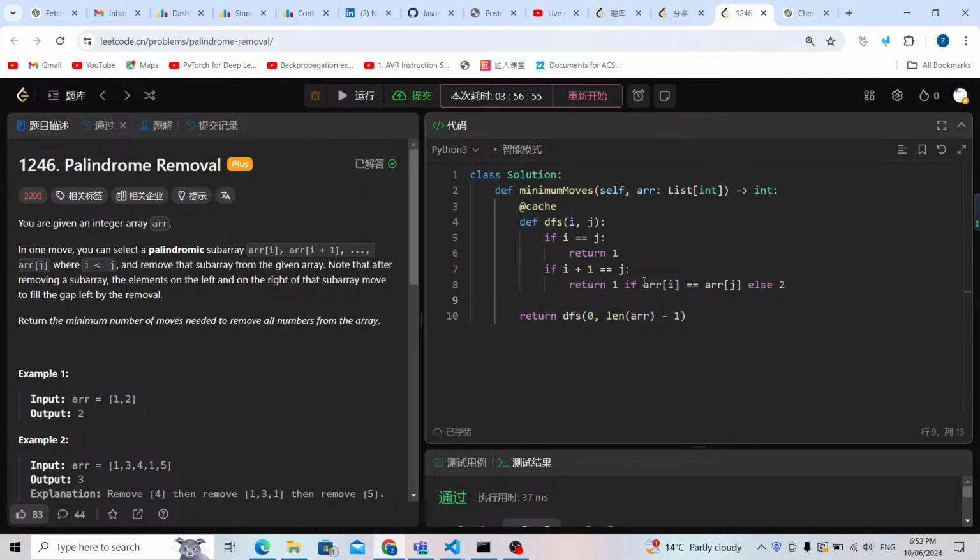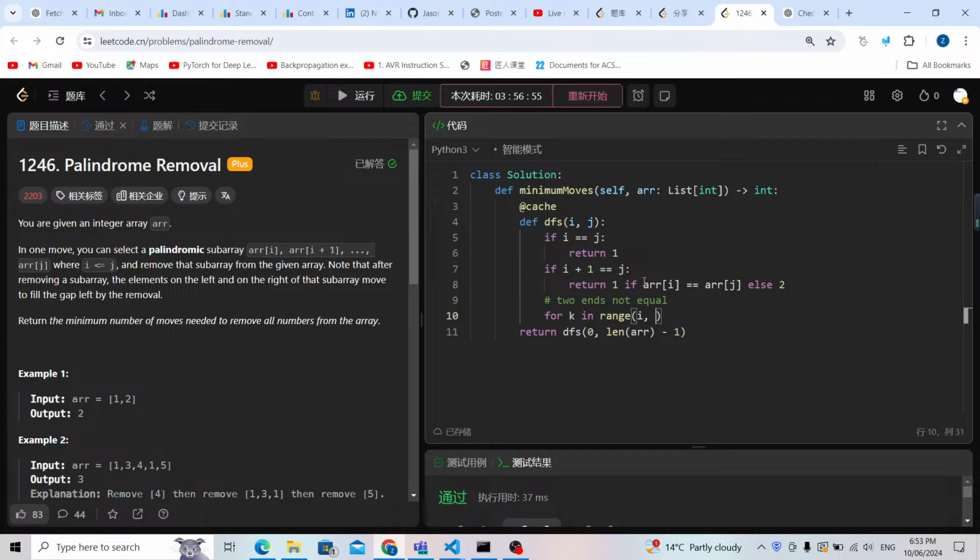Now we go to the 2 parts. Let me just use the case where the 2 ends are not equal because this is going to be easier to analyze. If they are not equal, I'm going to use index k to split it into 2 parts. For k in range, we're going to start from i because at least we're going to have 1 character. It cannot be empty.